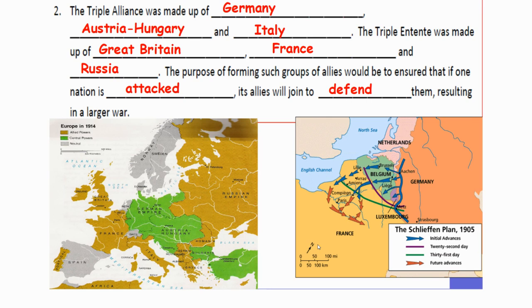Along with this, there was also the Schlieffen Plan, which was born out of the ideas of a few German military strategists. The idea was that if Germany and France ever got into a situation where they would go to war again on a massive level, then rather than crossing from Germany into France, Germany opted for going through a neutral nation like Belgium.